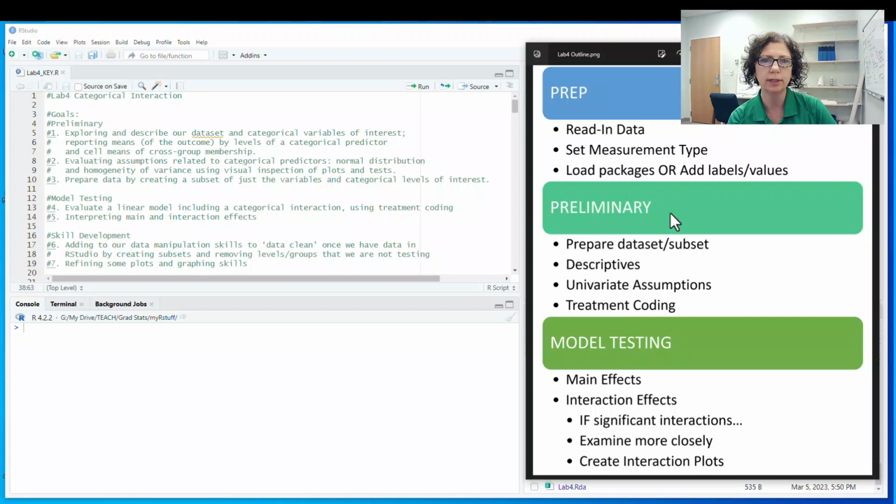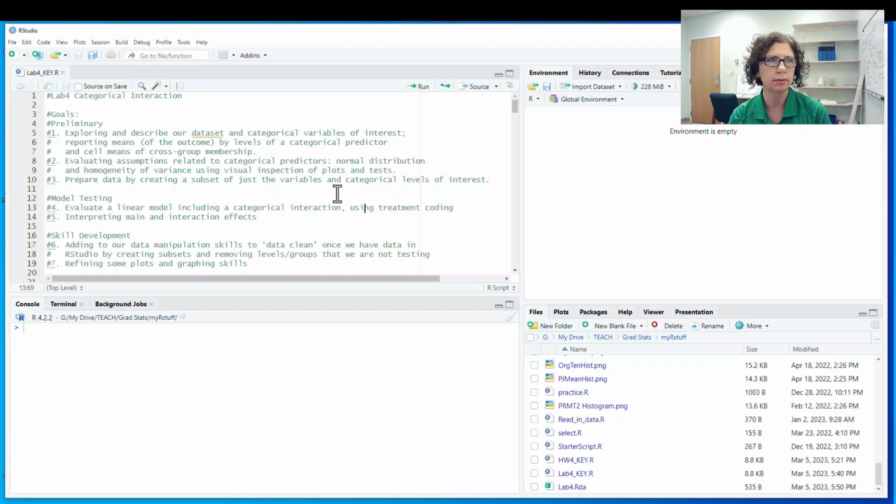Then preliminary, we need to prepare the data set by making a subset, get our descriptives, check out the univariate assumptions, and set up treatment coding so that our data and variables are ready for the regression. With model testing, we're going to set up a regression and look at the main effects and the interaction effects. And when we do have significant interaction effects, we need to look at those more closely and create interaction plots. So that's a little rundown on what we're doing in each section here.